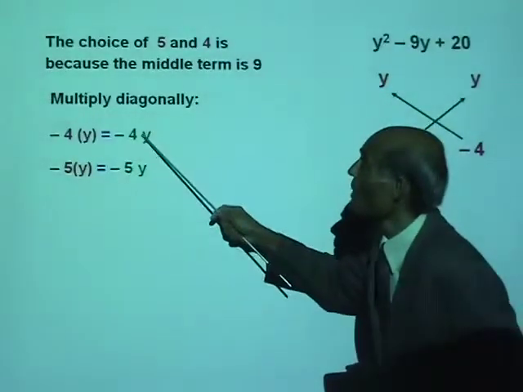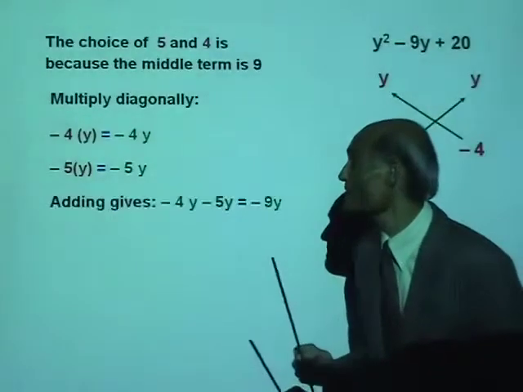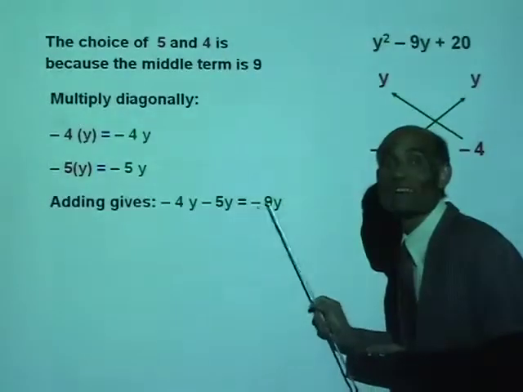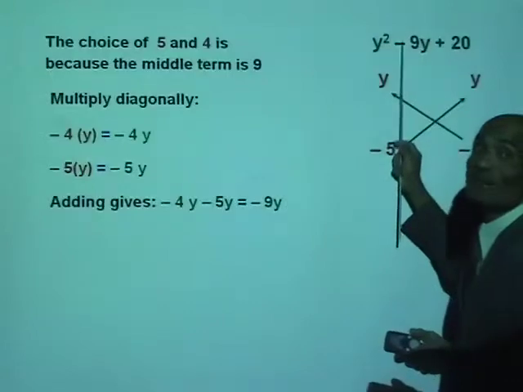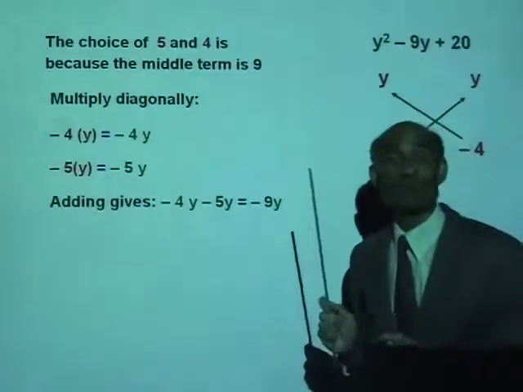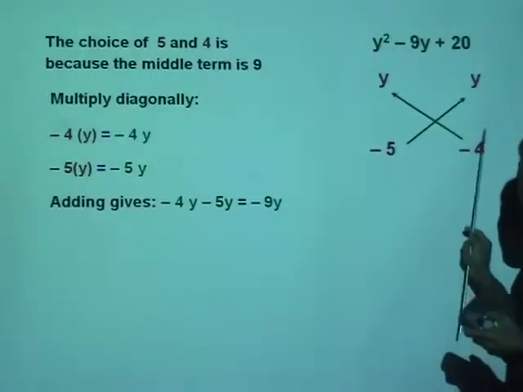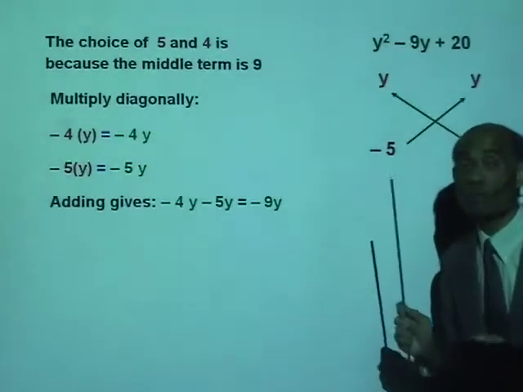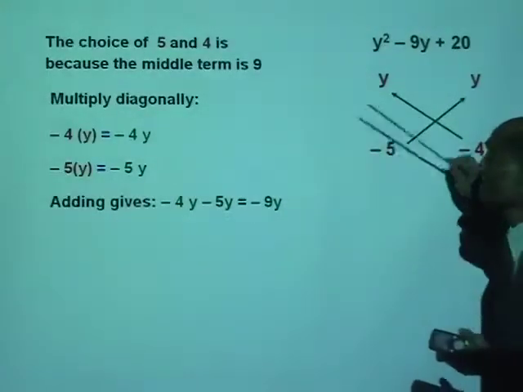What do you get if you add negative 4y to negative 5y? Negative 9y. And that negative 9y is our middle term, and therefore the test is good. That means all these are placed in their proper positions. Now once they are all placed in their proper positions, how do you pick your factors?